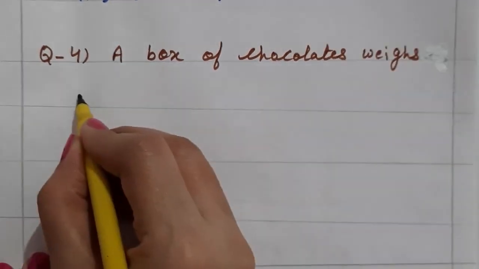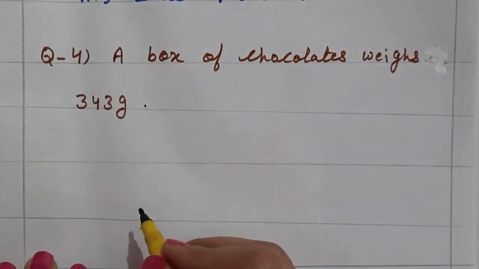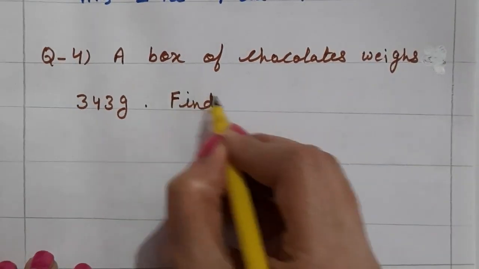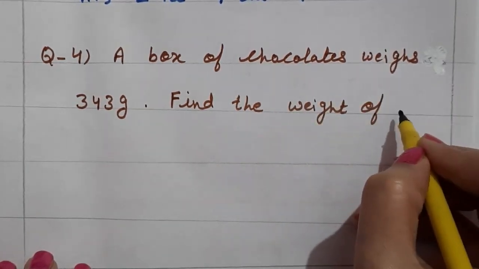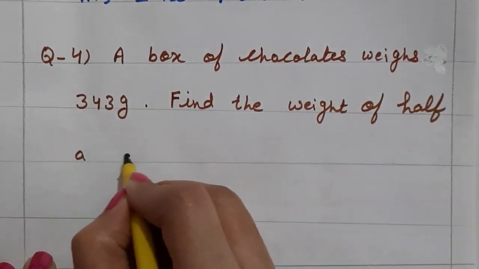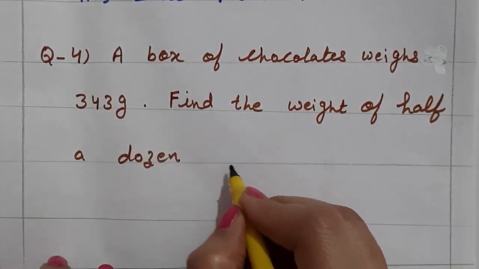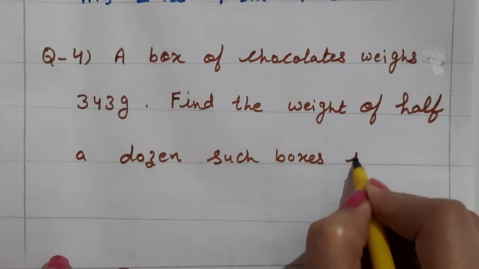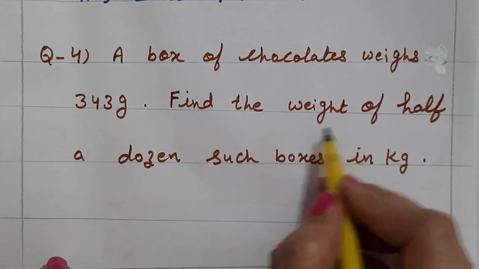Box of the chocolate weighs 343 gram. Find the weight of half a dozen such boxes in kilogram. Now see, we have to find out the weight of half a dozen.